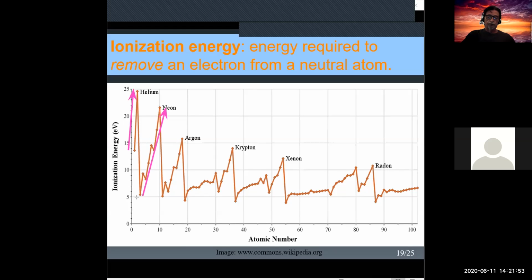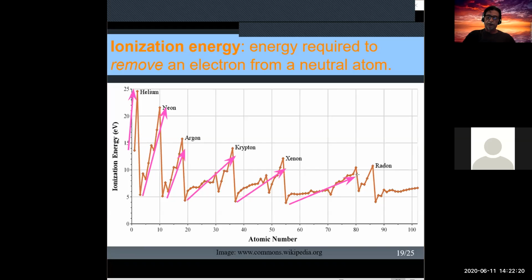And so we go from lithium, which is a metal, and the energy required to get an electron off, let's say neon on the other side, is much greater. So the general trend is as we wrap around the periodic table, here's the first period, second period, this is the third period. Eventually we get to the fourth period, and that hill is not so steep. Now you might think, well, why is that?